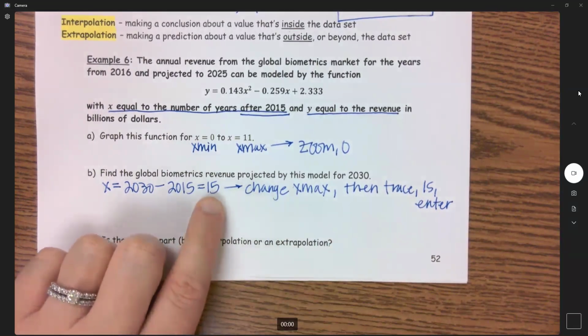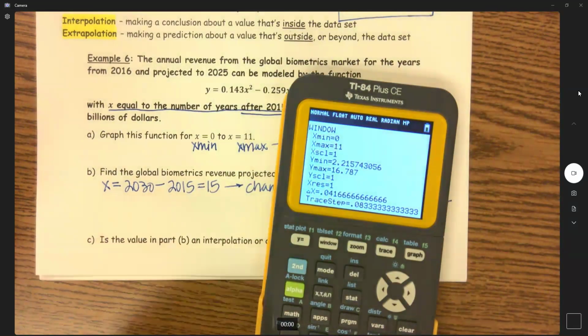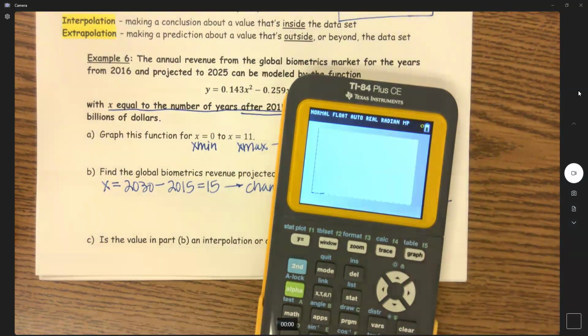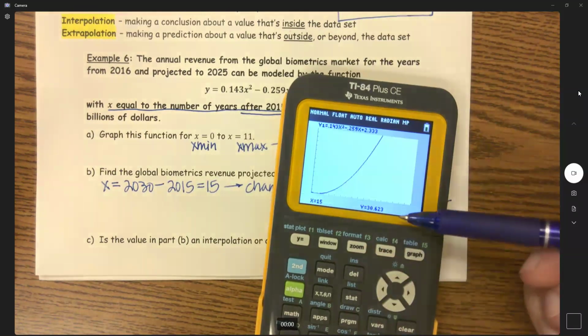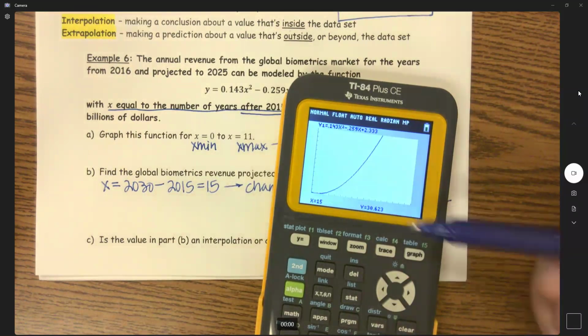So you can change it to 15. I'm going to change it to 17, to go just a little bit beyond it. And now I'm going to hit graph. And now I'll do trace 15. And we get our answer here, 30.623.